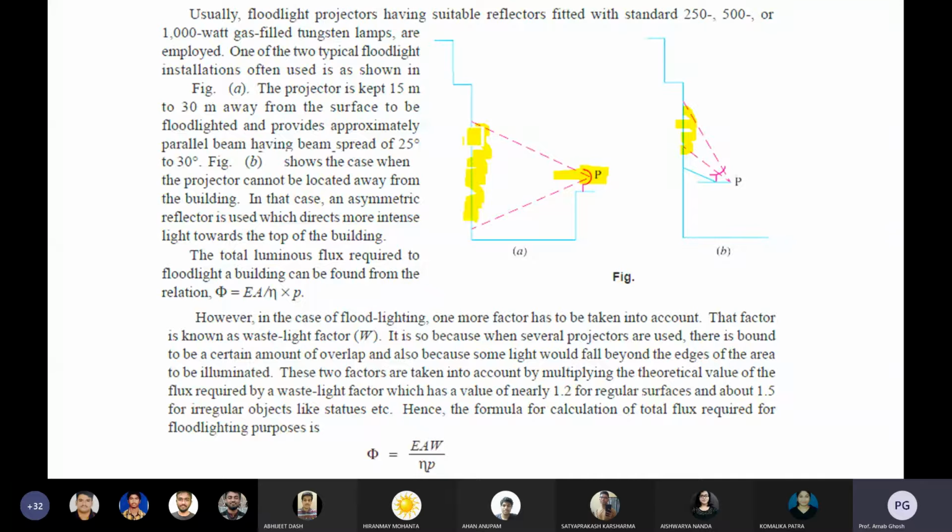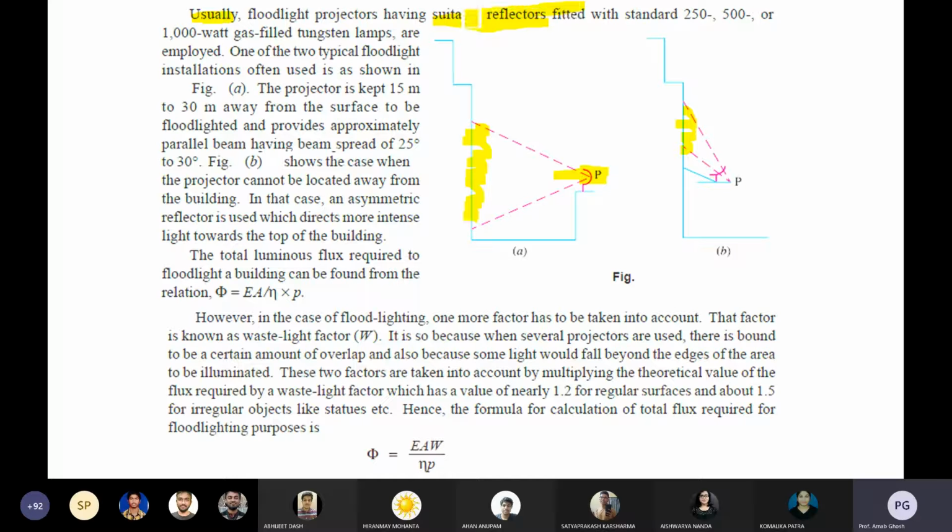Here you can see that floodlight projectors usually have suitable reflectors. Reflectors project and concentrate the light on those portions. The standard is 250, 500 or 1000 watt gas-filled tungsten lamps.